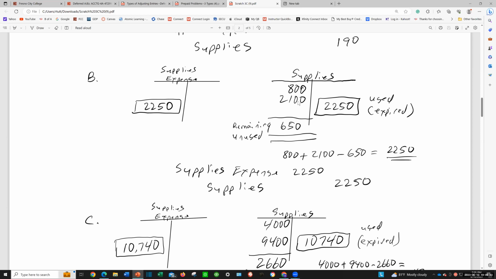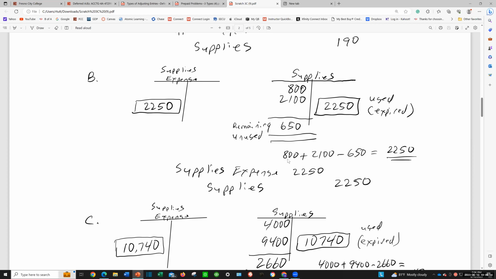Now, on December 31, there was a physical count that shows $650 of supplies remaining. So put that 650 in. That's what's remaining. That's what's unused. Well, how much did we use? I made this calculation so you can see this: 800 plus 2,100 minus the 650 will give us the amount used, which is 2,250.